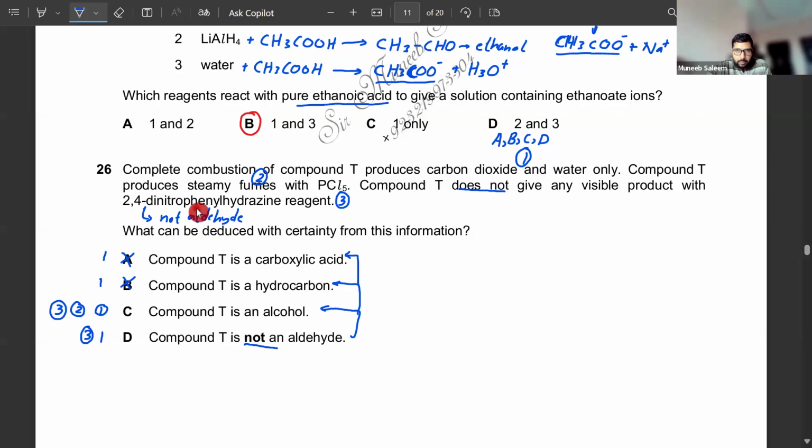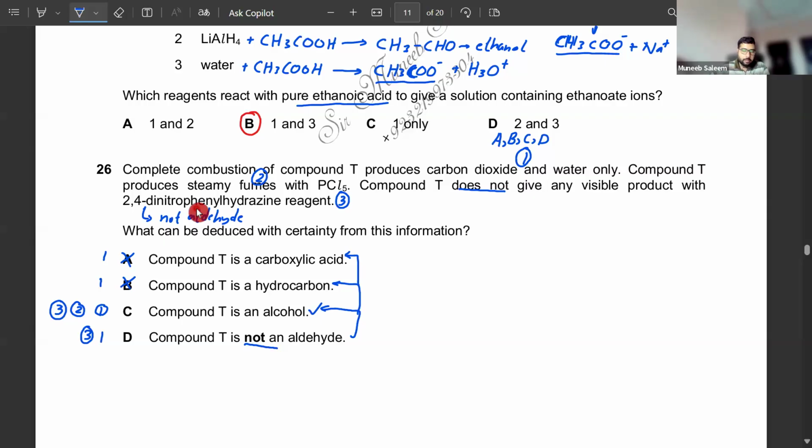And in the previous statement, it produces steamy fumes with PCl5, so it could be an alcohol. It reacts with PCl5, but it is certainly not an aldehyde.